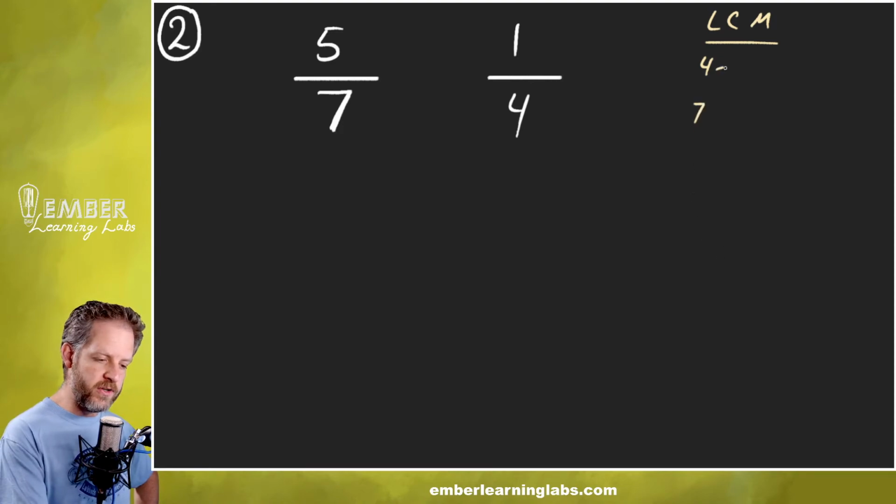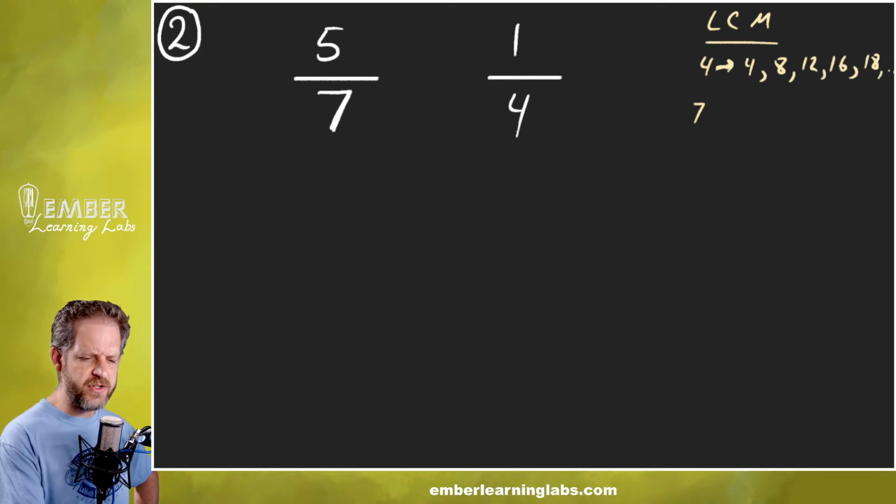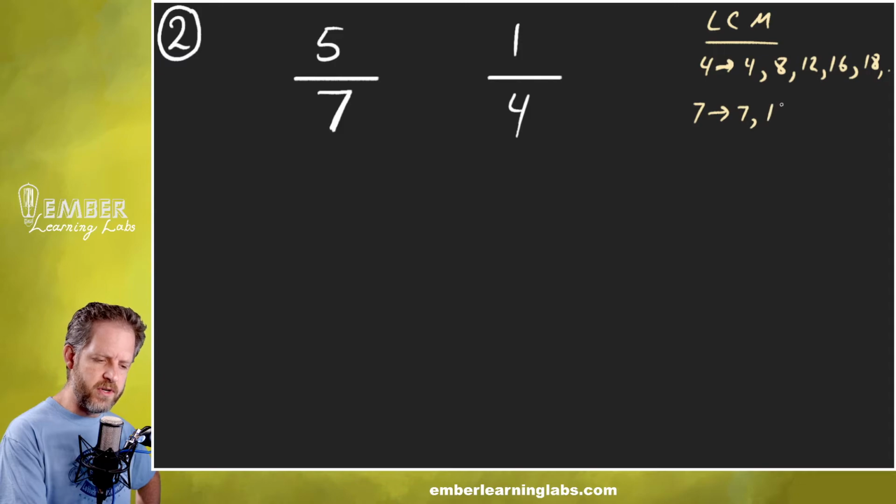So the multiples of 4 are 4, 8, 12, 16, 18. Let's check our 7s and see where we go from there. 7s are 7, 14, 21, 28.